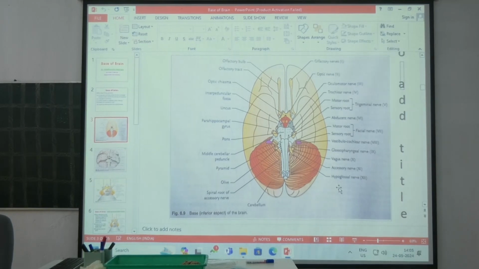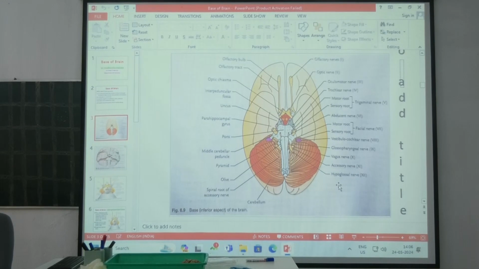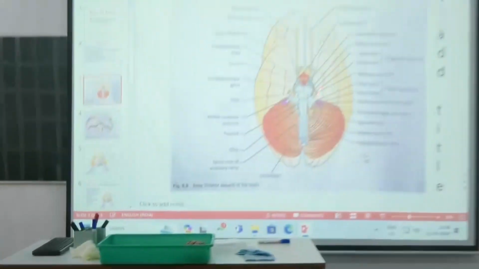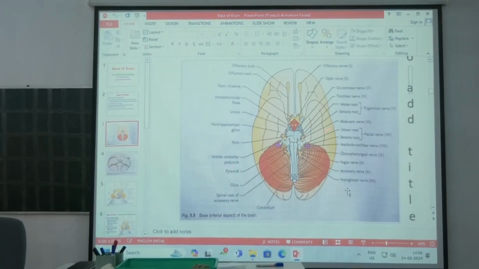The middle cerebellar peduncle connects it with the pons, and the inferior cerebellar peduncle with the medulla oblongata. So here these are the middle cerebellar peduncles, and at the junction with the cerebellum, these are the roots of the fifth cranial nerve, the trigeminal nerve.